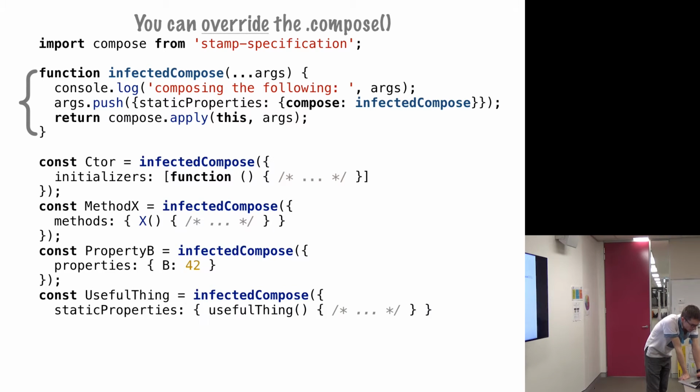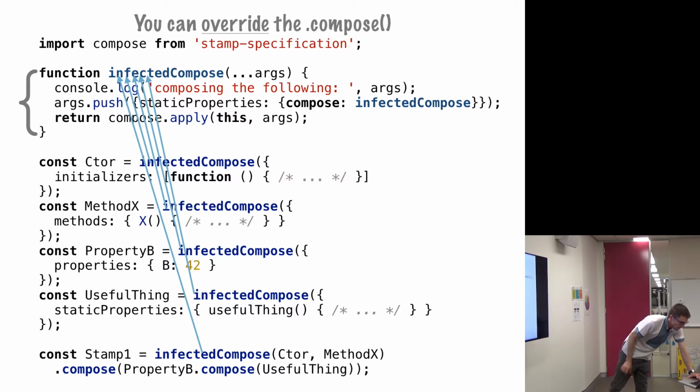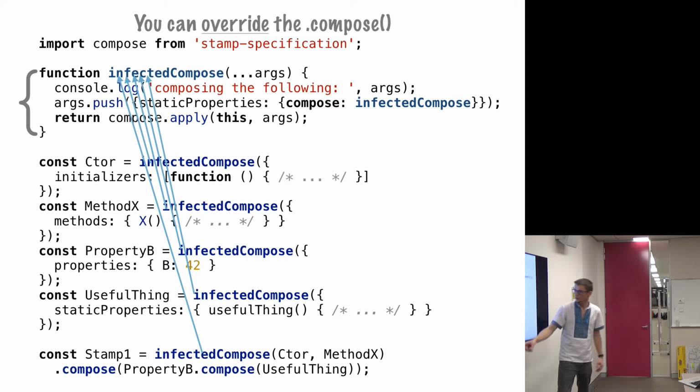And then here, I'm creating those 4 stamps familiar to you using the infected compose function declared above, and creating stamp 1 like this, also calling the same infected compose. So you see these 5, they're directly calling this one, straight. Then from the stamp created from this infected compose, I call .compose and .compose again.